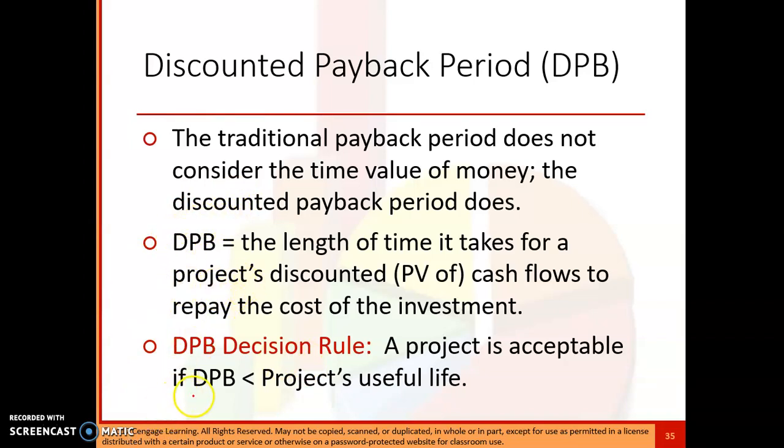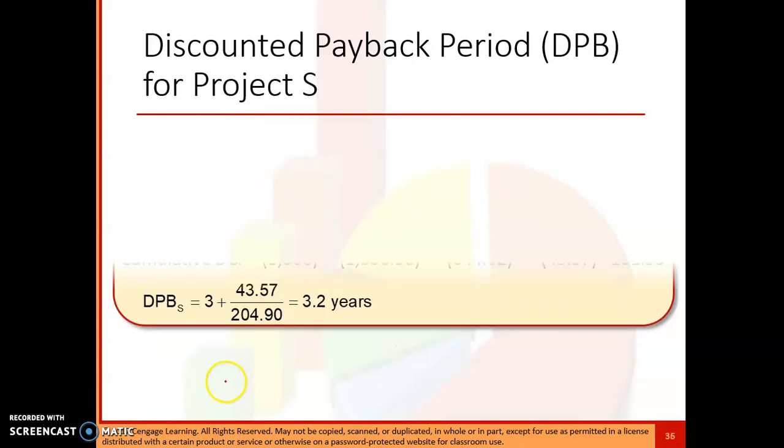If our rate of return is equal to the IRR, then the discounted payback period will be equal to the useful life. If it's greater than, the discounted payback period is going to be less than. If it's more than, then the rate of return is going to be less than the cost of capital or the required rate of return.